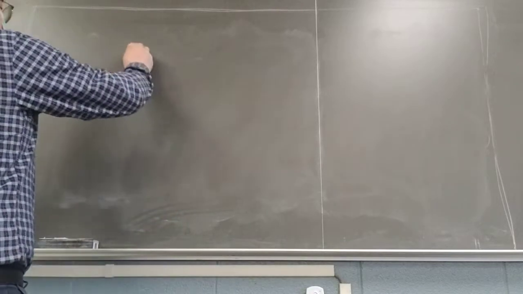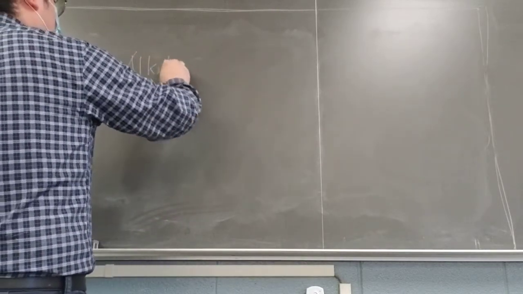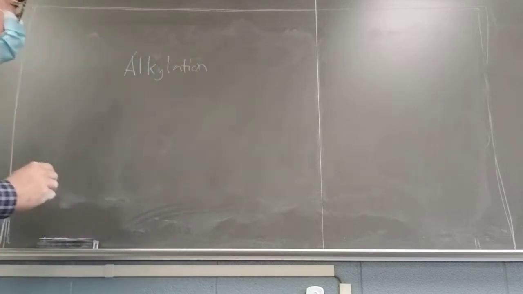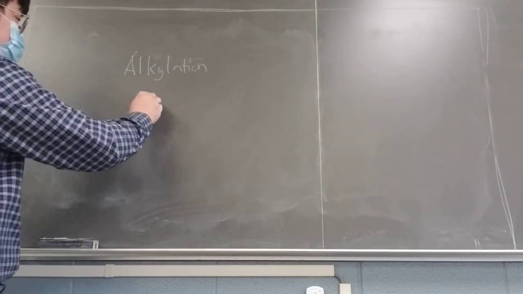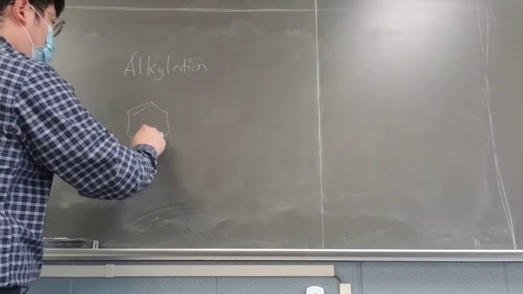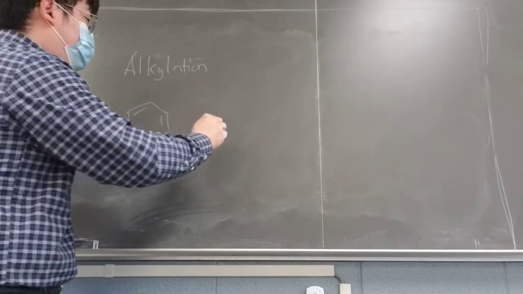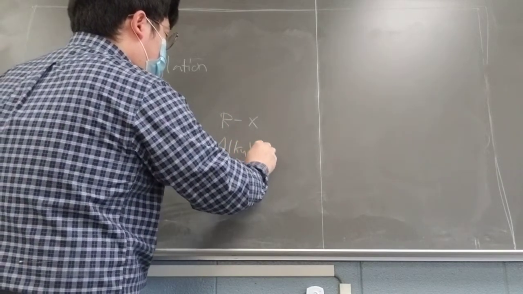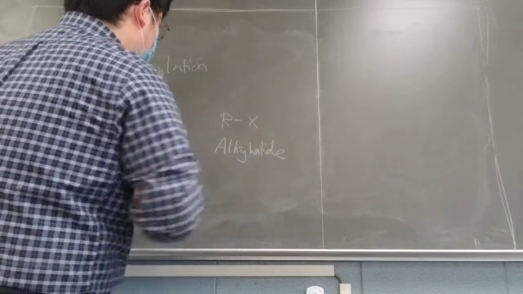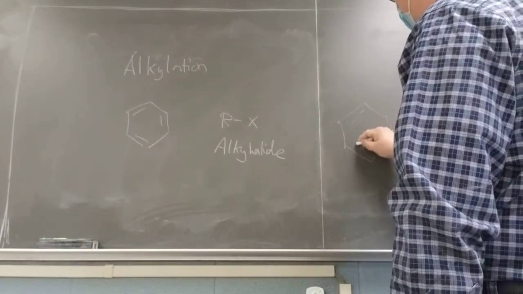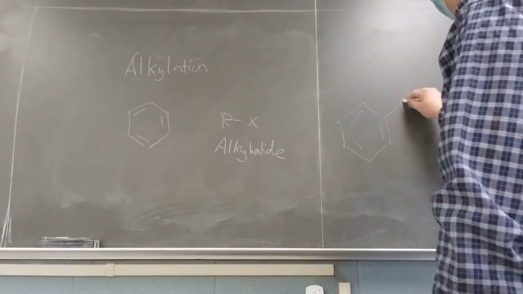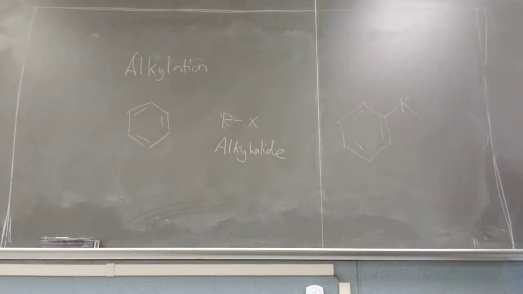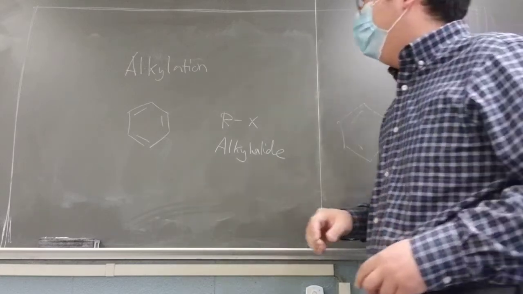So for the alkylation, whenever you have an aromatic ring structure or aromatic compound over here, and you have some type of alkyl halide, you can actually put this in this structure. Okay, this is what it does. Let me give you one example over here.